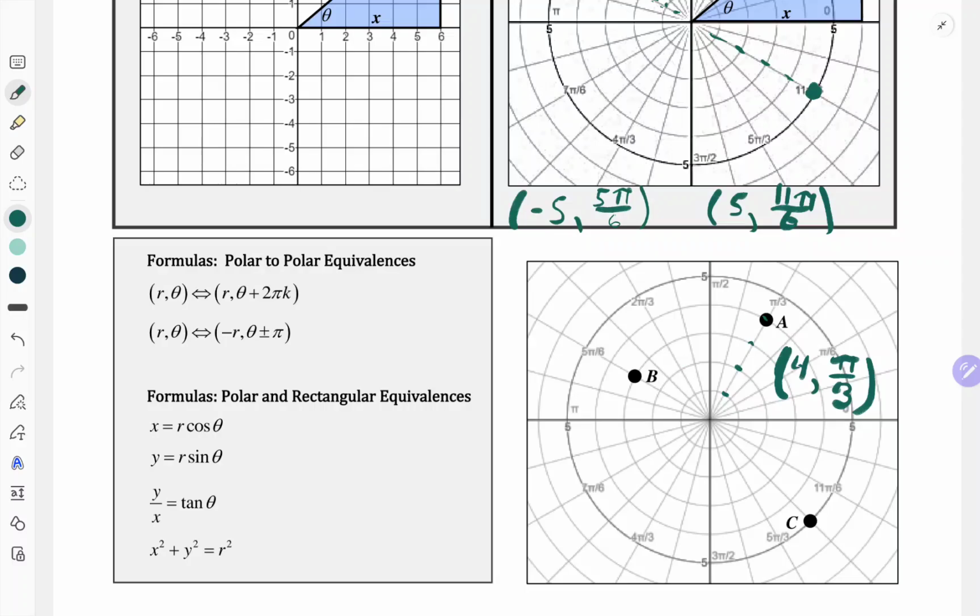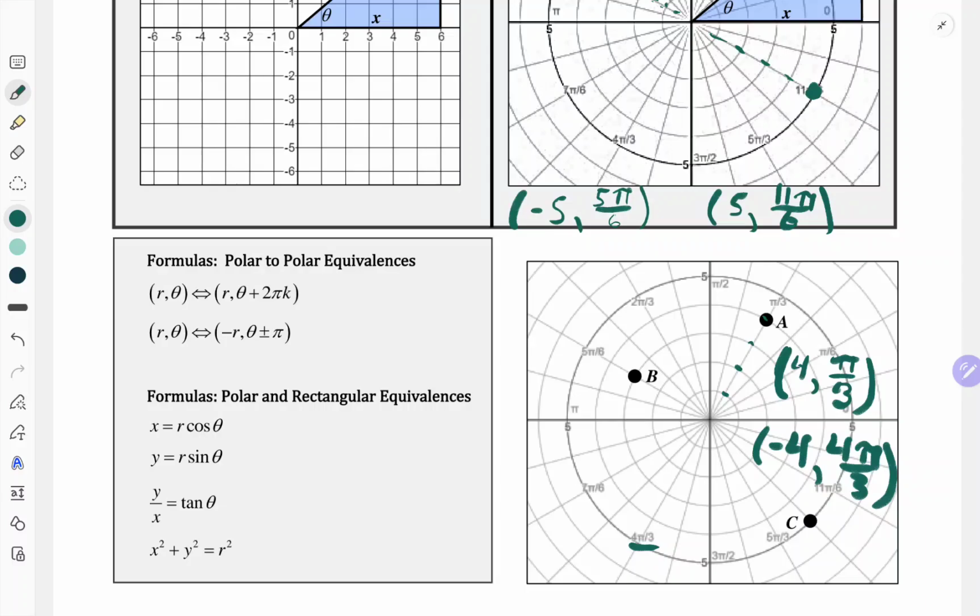If you wanted a different name, you could add 2 pi to this angle, keep the 4. I could say this is opposite, right, the 4 pi over 3. That's right here, so that's an opposite angle. So I could say this is negative 4 with the 4 pi over 3. That would be another name for that point A.